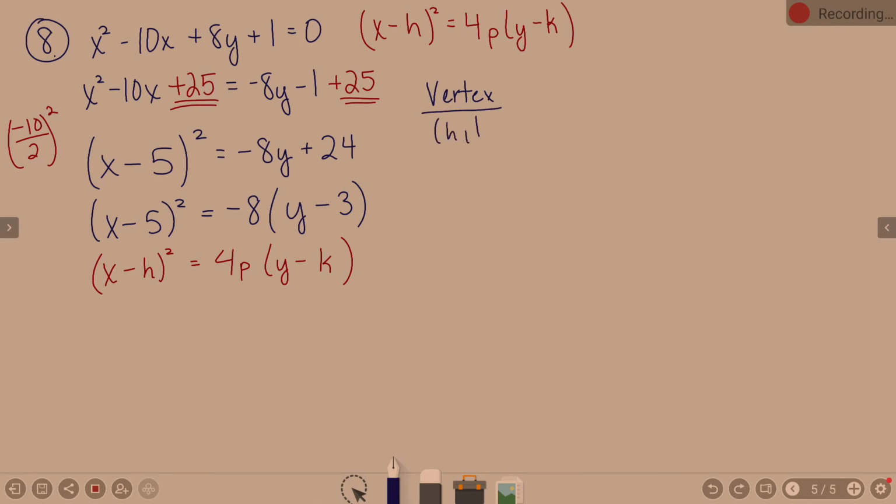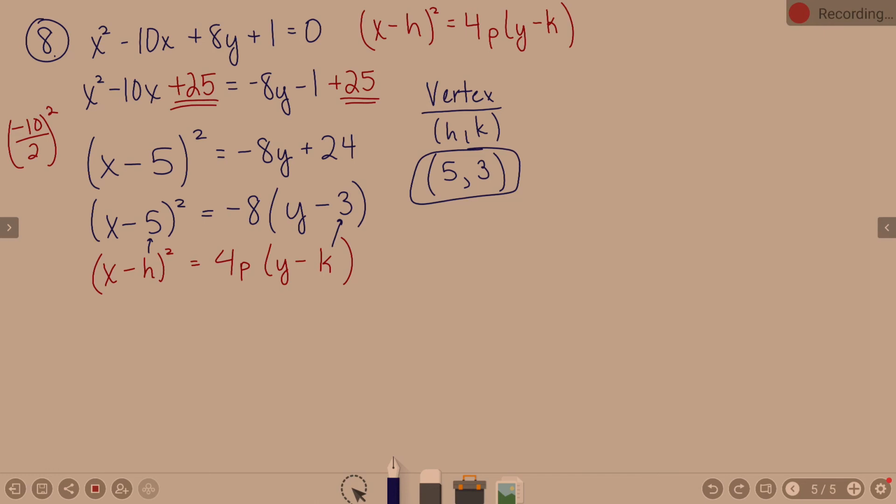Vertex is supposed to be h and k. What are my h and k values? Since it's x minus 5, h is going to be positive 5. Since it's y minus 3, k, or my y value, is going to be positive 3. So I have a vertex of 5, 3.